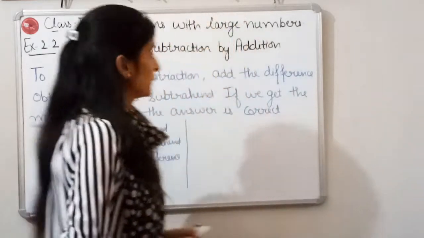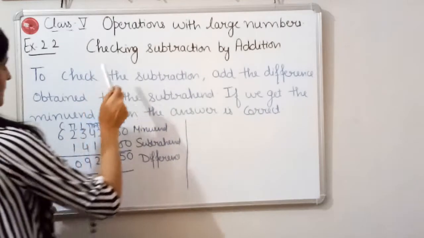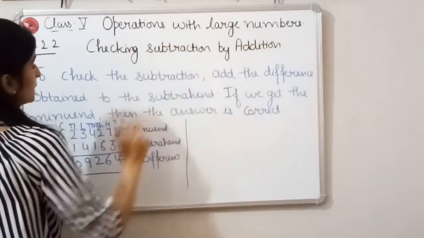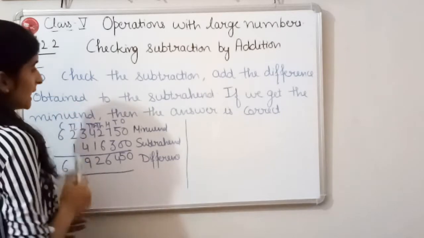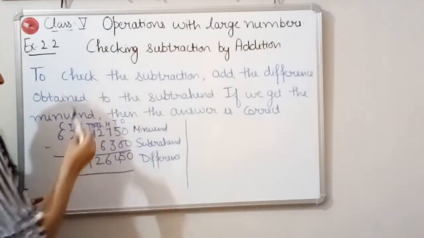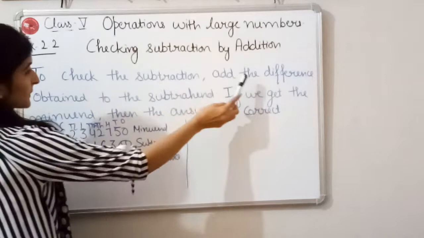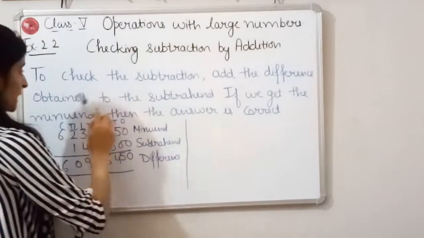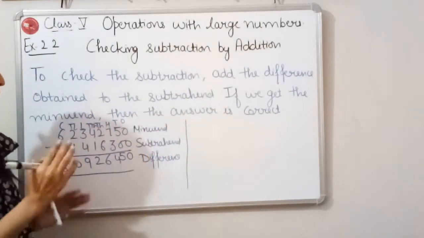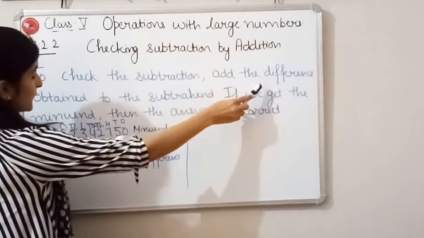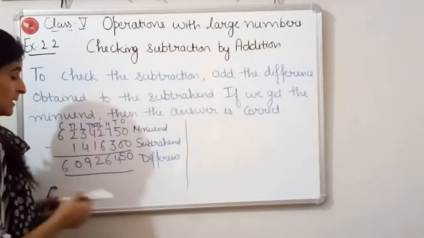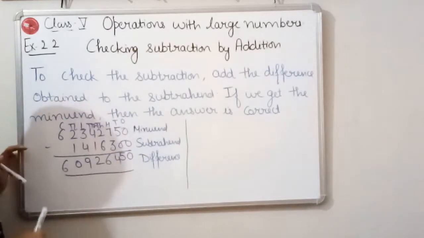The first method given here is checking subtraction by addition. How can we check by addition? To check the subtraction, add the difference obtained to the subtrahend. Suppose here we have given one example.